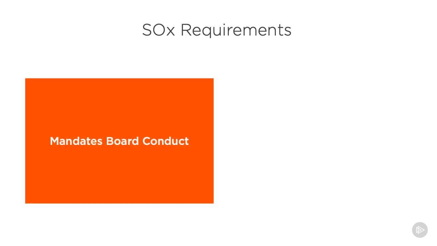Sarbanes-Oxley had this requirement that the responsibility for accurate financial reporting came right back to the board of directors and the senior management team. It mandated that they had accountability legally if the financial reports were incorrect.